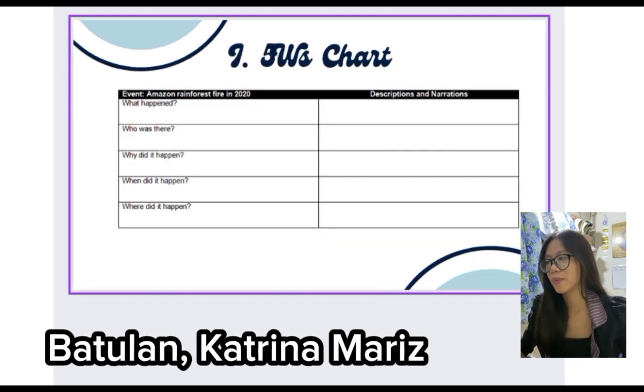Next is the 5Ws chart. It asks what, who, why, when, and where. As for the example here, the event is the Amazon rainforest fire in 2020 with its descriptions and narrations. So it asks the 5Ws for us to know further about this event.